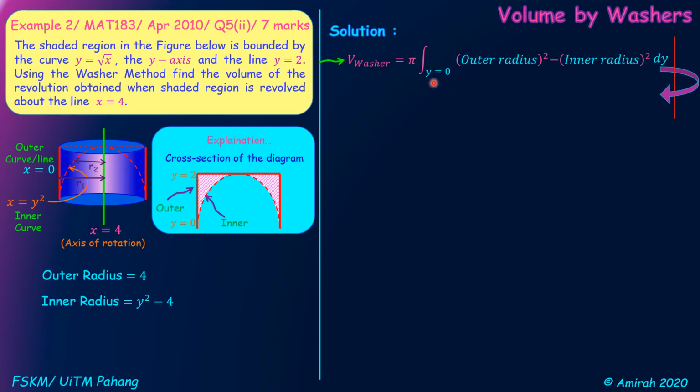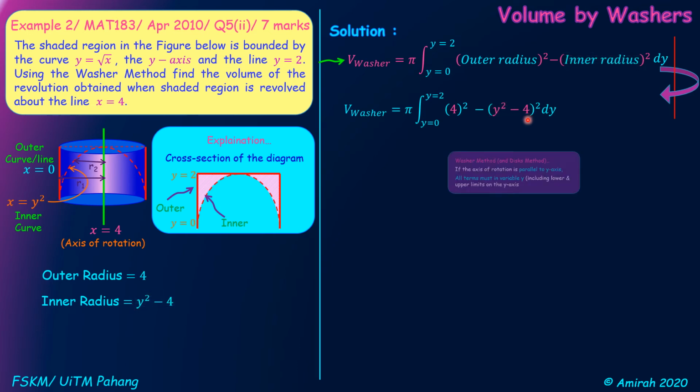Our lower limit is y equals 0 from here, and our upper limit is y equals 2 from here, right? And then we replace outer radius equals 4, and inner radius equals y squared minus 4.